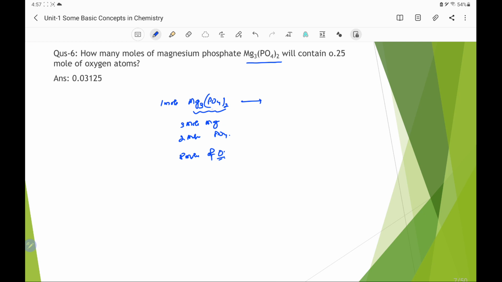Therefore 1 mole of Mg3(PO4)2 will contain 8 moles of oxygen. This implies that 0.25 mole of oxygen atoms will be contained by 1 by 8 into 0.25, that is equal to 0.03125 moles of the magnesium phosphate sample.